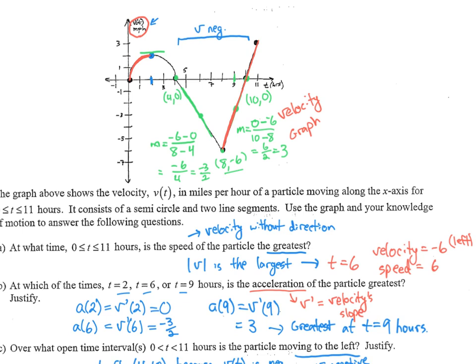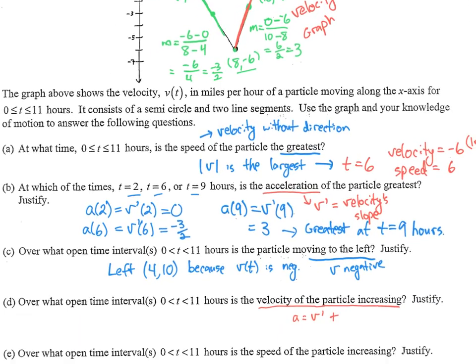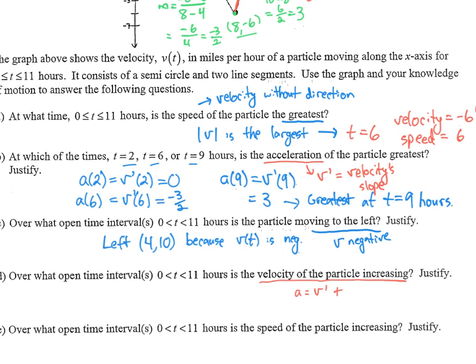So it looks like I've got 2 time intervals there. 1 from 0 to 2, and 1 from 8 to 11. Those are my time intervals where velocity is increasing, or where acceleration is positive. So what I'm going to say is 0 to 2, and then 8 to 11 was, I believe, what the other one was.